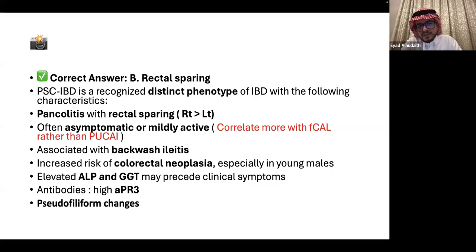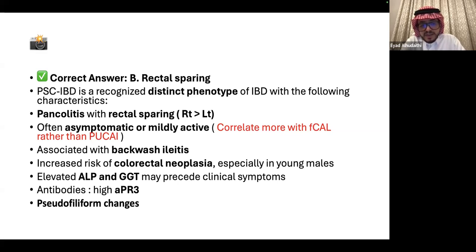That's why, when we diagnose a patient with PSC-IBD, we usually depend on the labs. It is associated with backwash ileitis, as we said before. There is an increased risk of colorectal neoplasia, especially in young males. That's why we will come to the screening, when to repeat the colonoscopy in pediatric IBD patients.